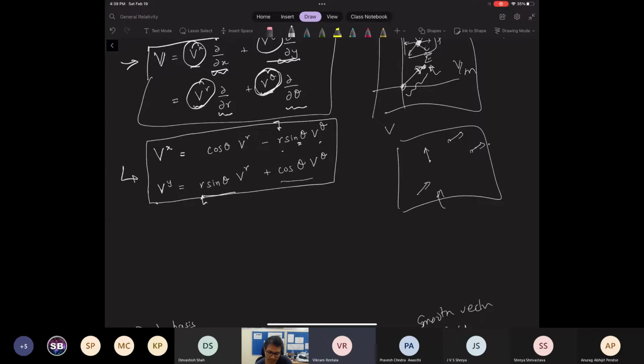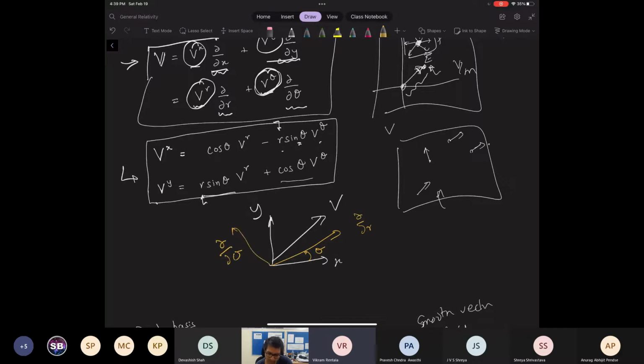In other words, I have a vector. This is one basis, xy. Then I want to express it in this rotated basis, rotated by an angle theta, which we're calling the r theta basis.